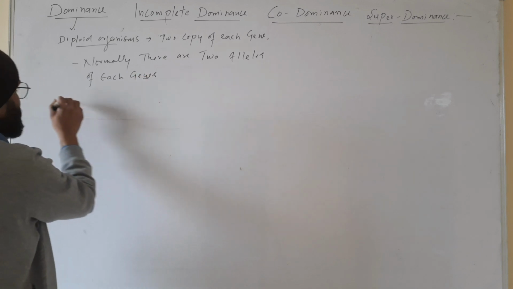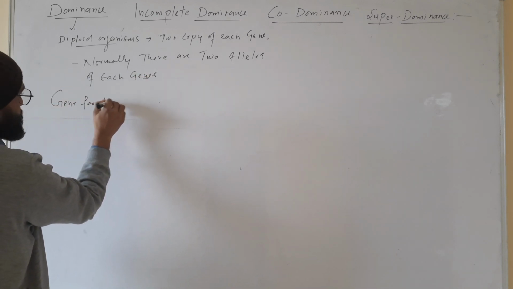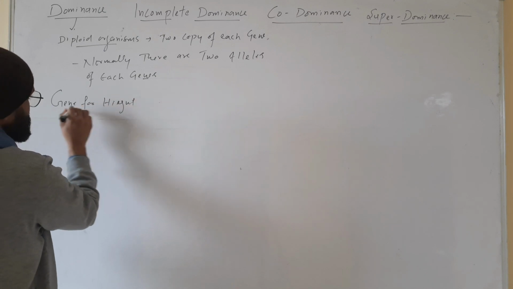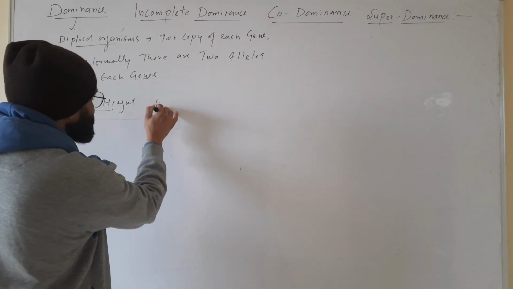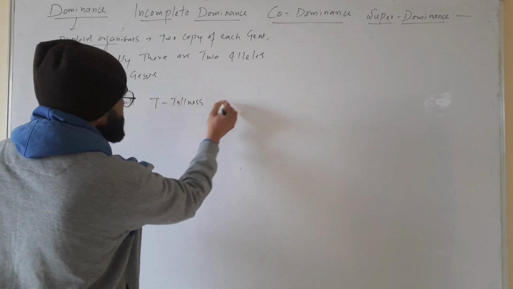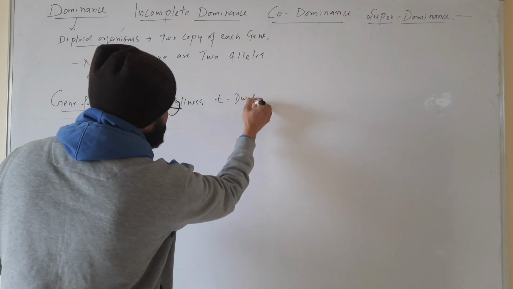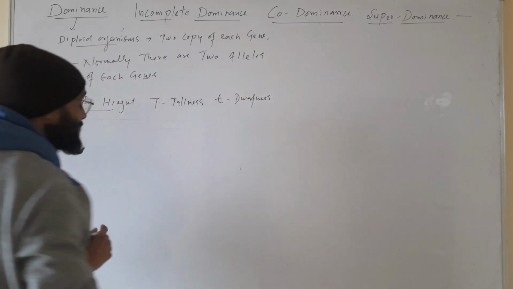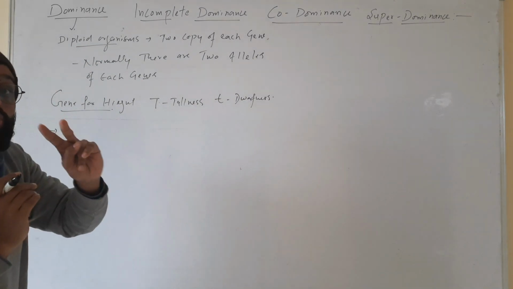So here I am taking the gene for height. This gene for height has two alleles. Capital T causes tallness, and small t causes dwarfness. And a diploid individual always has two copies of the gene.